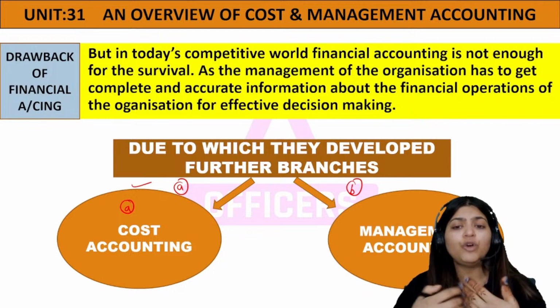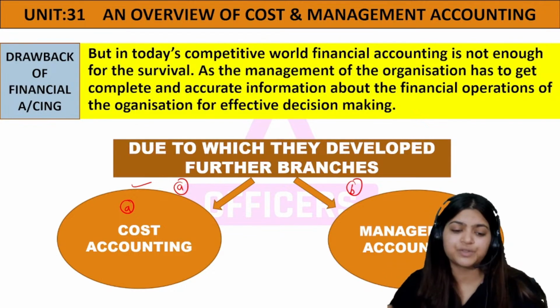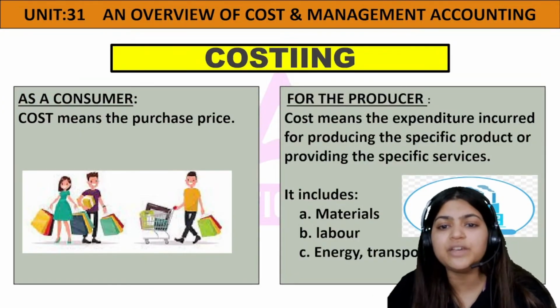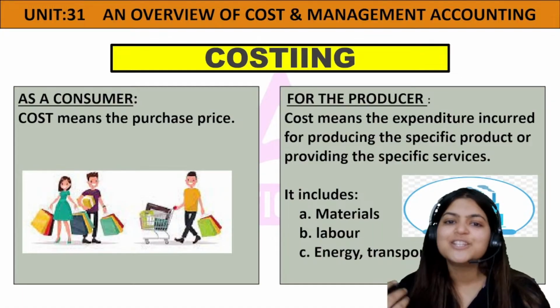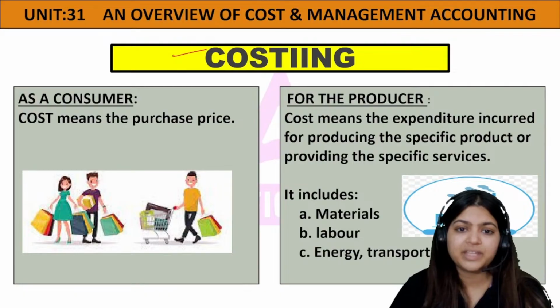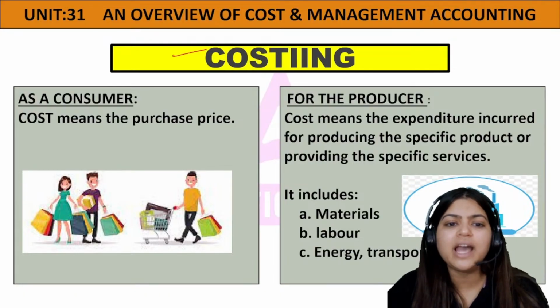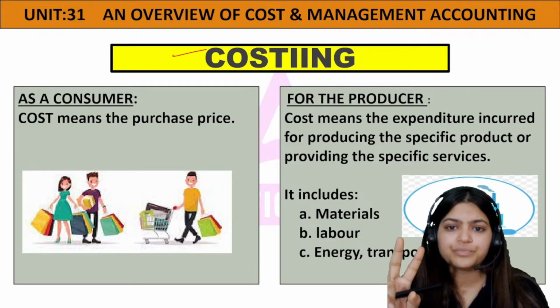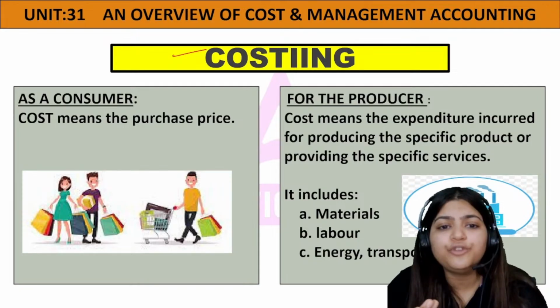Now, what is cost? We are going to talk about cost accounting first. In today's session, we are going to see what is cost and what are the different ways through which you can calculate cost. So let's start with this. If I talk about costing, we have two points of view. First, as a consumer, what is cost for us?